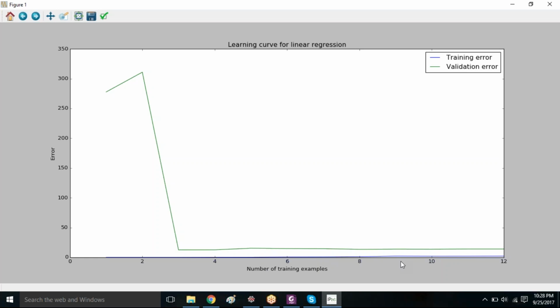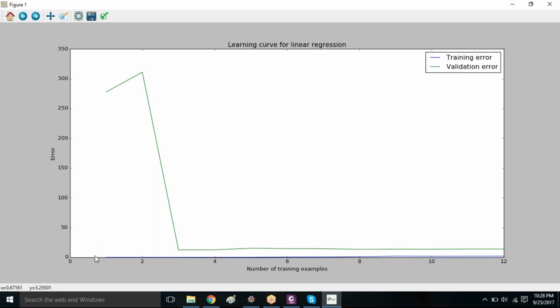When we were seeing the same training error and validation error diagram for degree 1, what was the training error and validation error? I told you to remember this value, that was 50. The error was around 50.